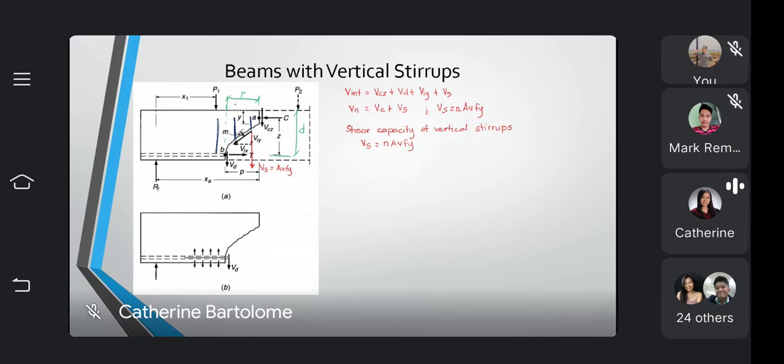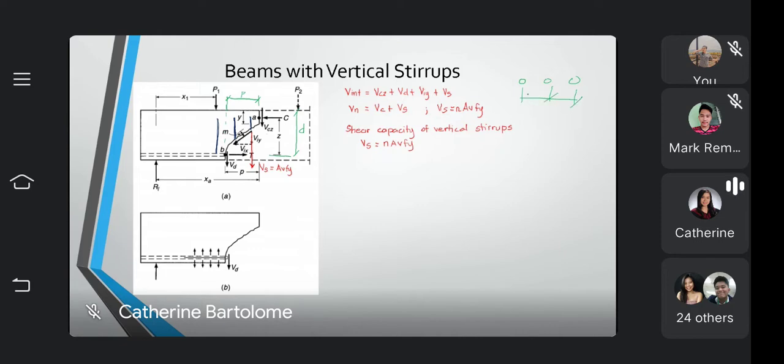So, we can divide this length divided by the what? Paano ba kayo nagko-compute for number of bars?